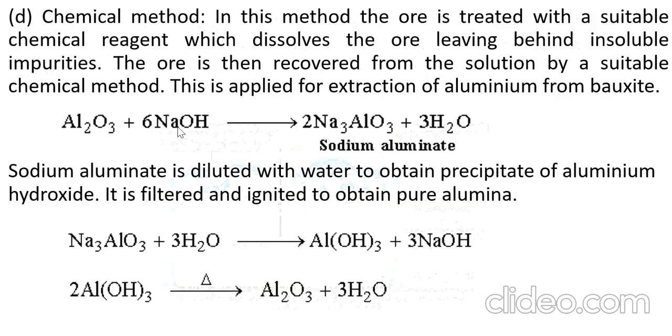Here we add sodium hydroxide to form sodium aluminate. An example of this ore is aluminum oxide, the aluminum ore. In this case, you add sodium hydroxide and it dissolves as sodium aluminate. The sodium aluminate is diluted with water to obtain a precipitate of aluminum hydroxide. So water is added further, and then finally you heat to have aluminum oxide, more concentrated.